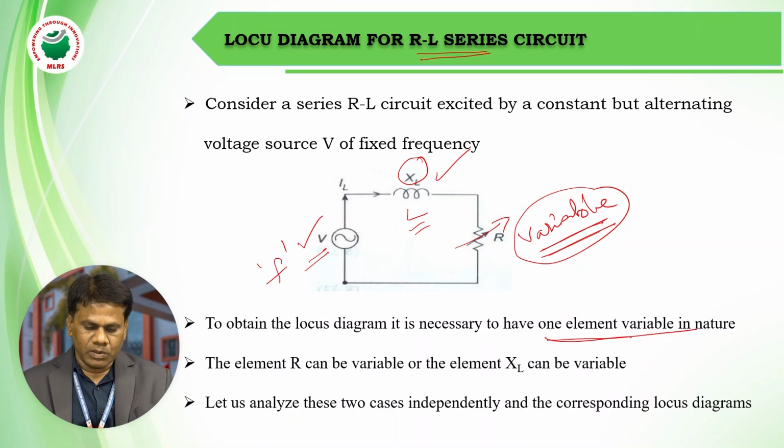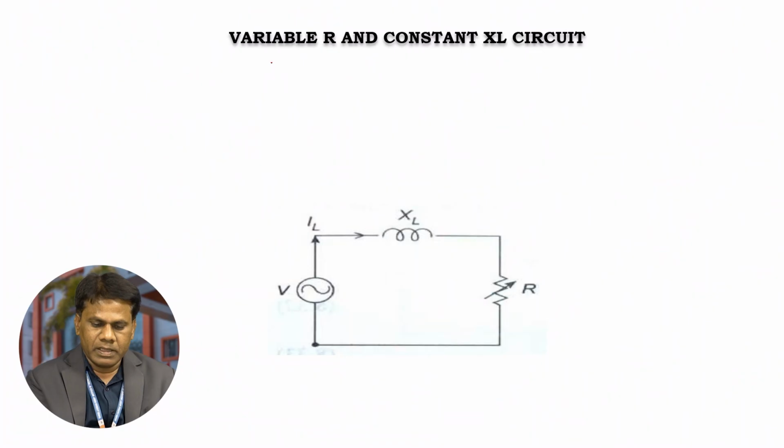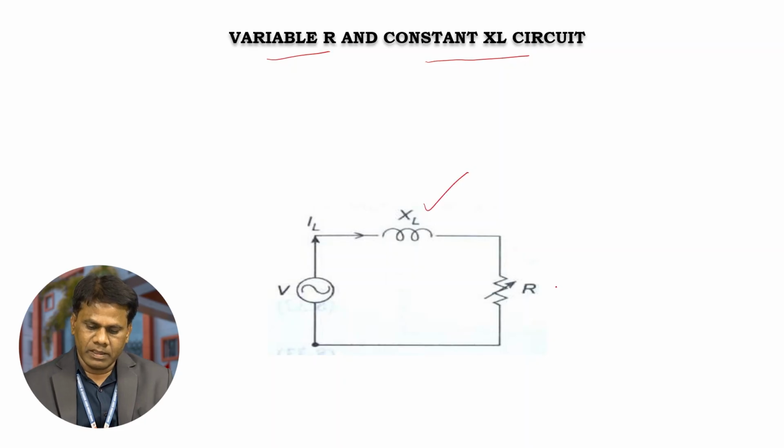Either we can change the resistance or we can change the inductance; as the first case, resistance R is varying and XL, the inductance, is constant.